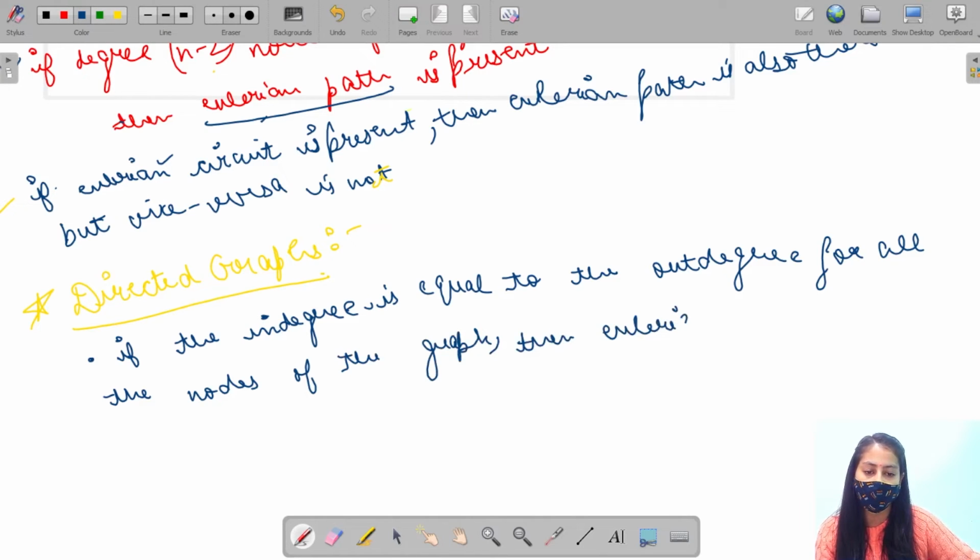Now in case of a directed graph, the degree can be in degree or out degree.